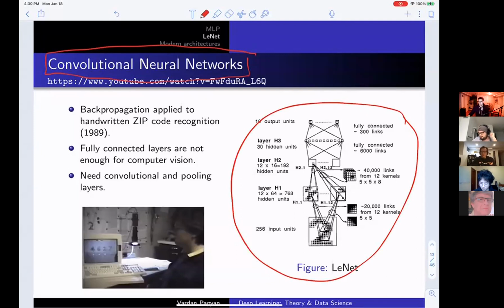It's basically a network which has three types of operations. The first operation is a convolution, and I'll explain what a convolution is. The second is called pooling, and I'll explain what pooling is. And the third is, again, the nonlinearities.